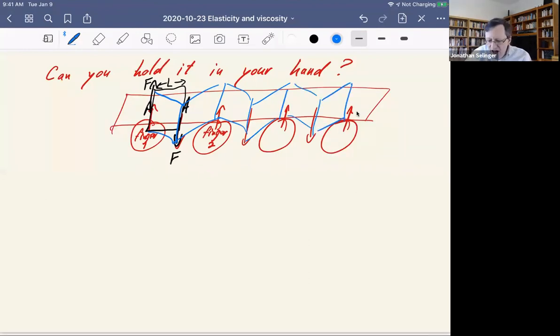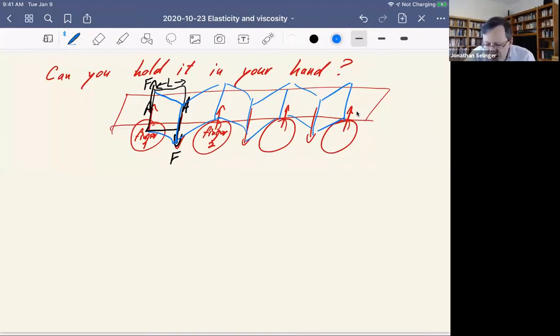If I have some very soft solid and I try to hold it, it sinks down a little bit between my fingers and then it stops. So it doesn't fall on the floor. It just sinks down a little bit. If it's a hard material, maybe the amount that it sinks is so small you can't even see it. But in principle, it should be a little bit.